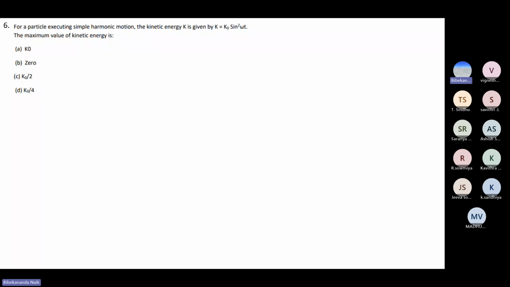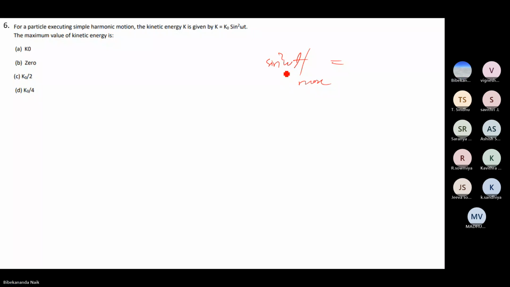Basically, this question is a bit simple, but we can also try to calculate other things. It's obvious, because the maximum value, can anyone tell me what will be the maximum value of sine square omega t?